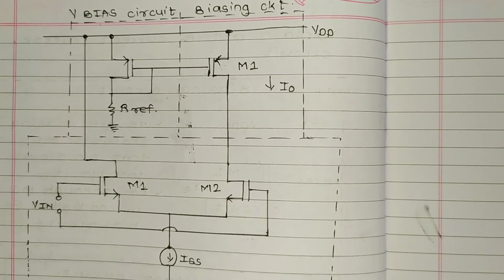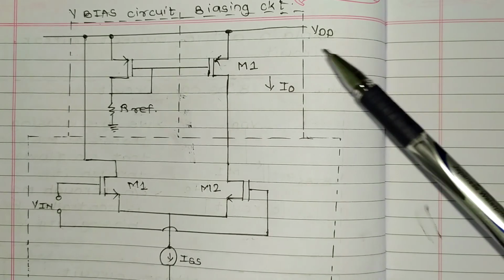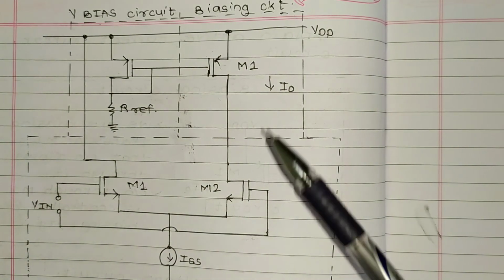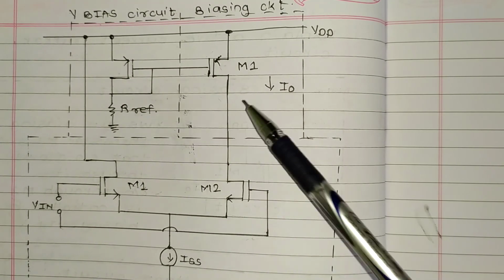So the V bias circuit and biasing circuit together form an active current mirror circuit.